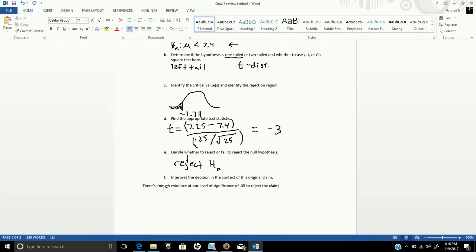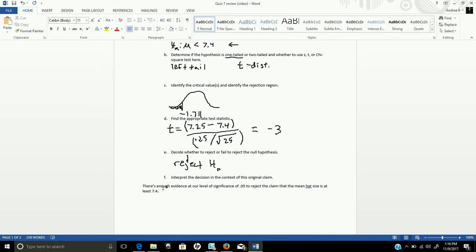So to reject the claim that the mean hat size is at least 7.4. The main thing to include is that there's enough evidence to reject the claim.